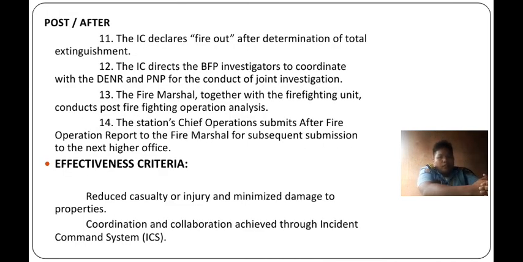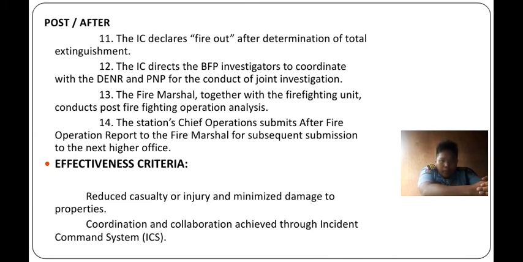Okay, post after. We have here number 11, that the IC declares fire out after the termination of total extinguishment. 12. The IC directs the BFP investigators to coordinate with the DENR and PNP for the conduct of joint investigation. 13.